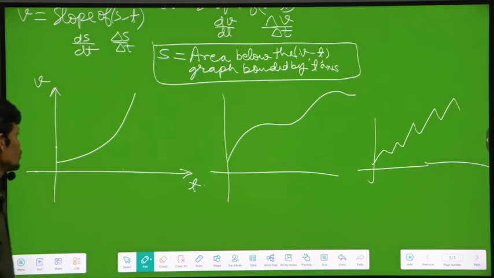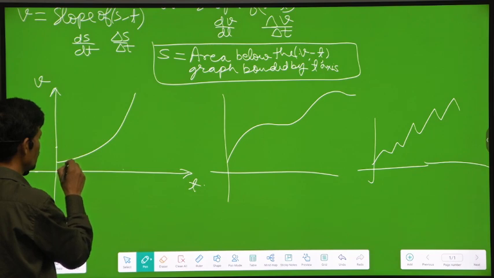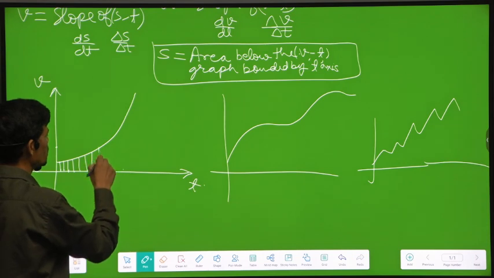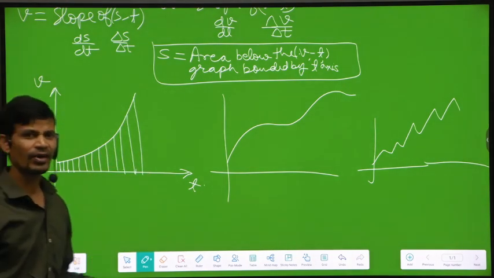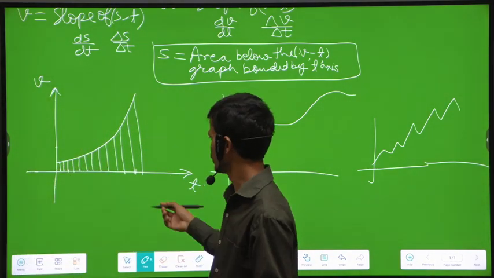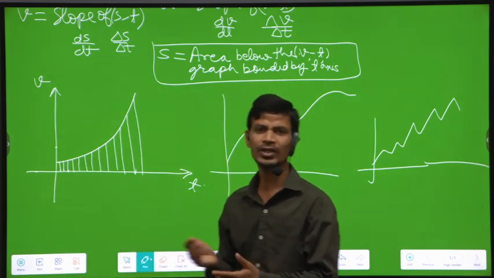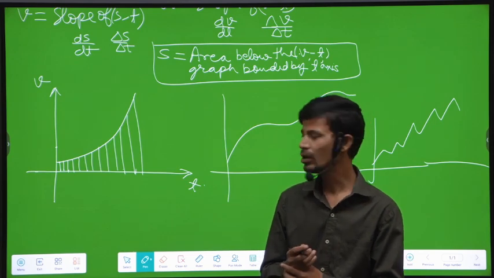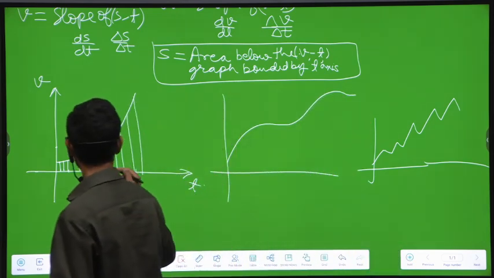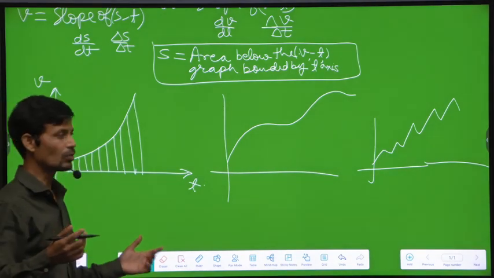Now what we can do is divide this graph into small strips, and because they are almost trapezium, and somewhere they are rectangle, we can find their areas and add them all. But still there will be some error. So how can that error be resolved?